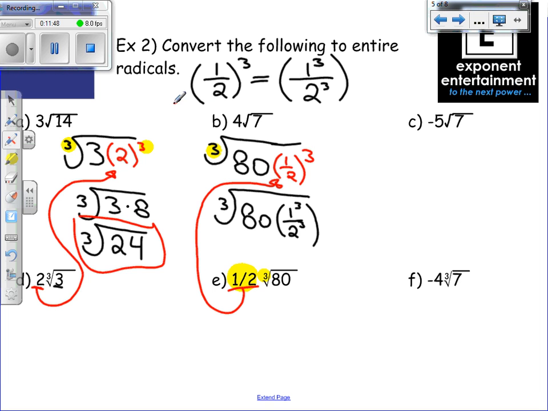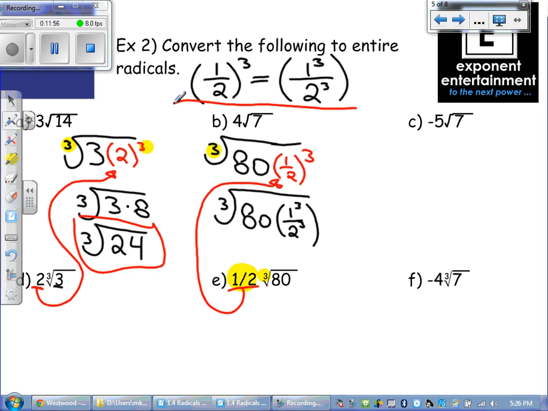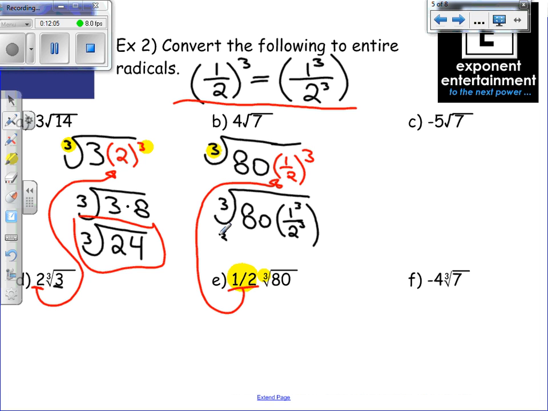Now that's easy. What's 1 cubed? Well, 1 cubed is just 1. And 2 cubed is 8. So this can be written as the cube root of 80 times 1 over 8.